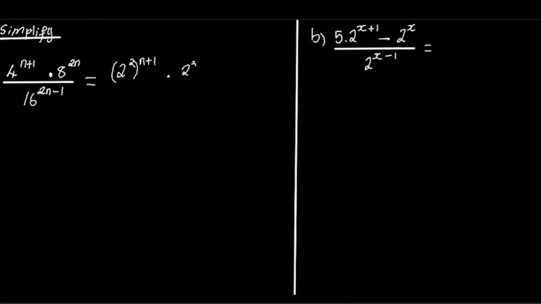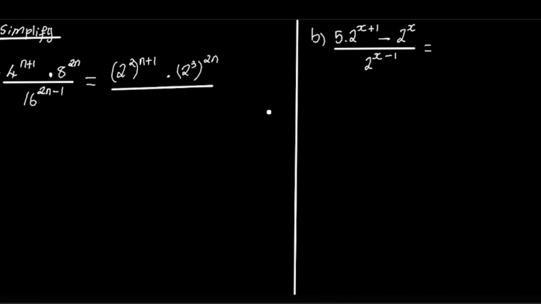We can write 8 as 2 to the power of 3, and that 8 was raised to the exponent of 2n. All of this is going to be divided by 16 to the exponent of 2n minus 1.